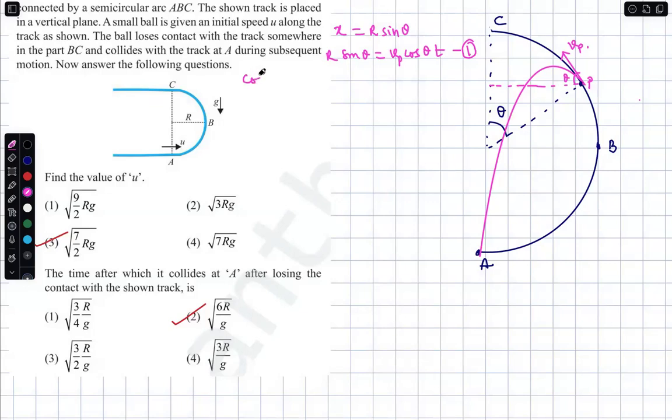First of all, I know cos theta. Cos theta is nothing but u square minus 2rg by 3rg. That is the deal. I know cos theta. Fine.